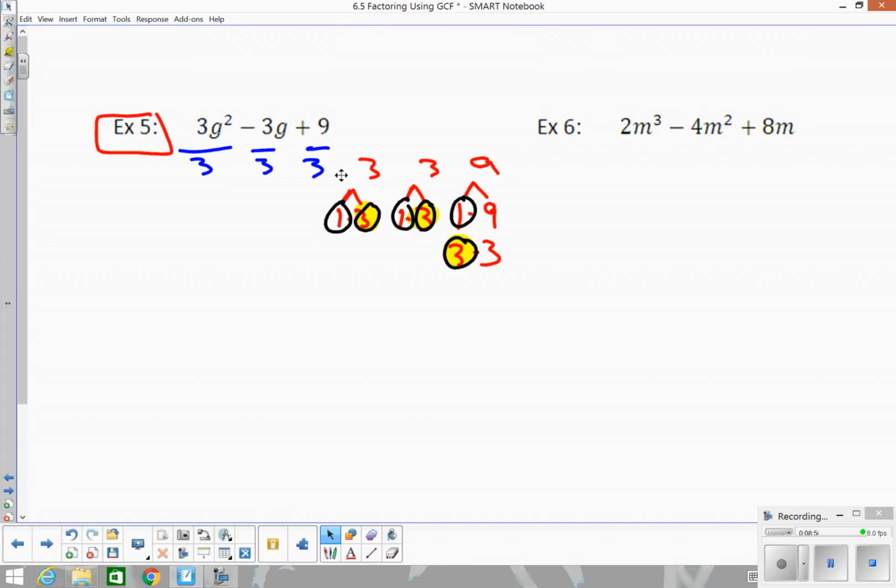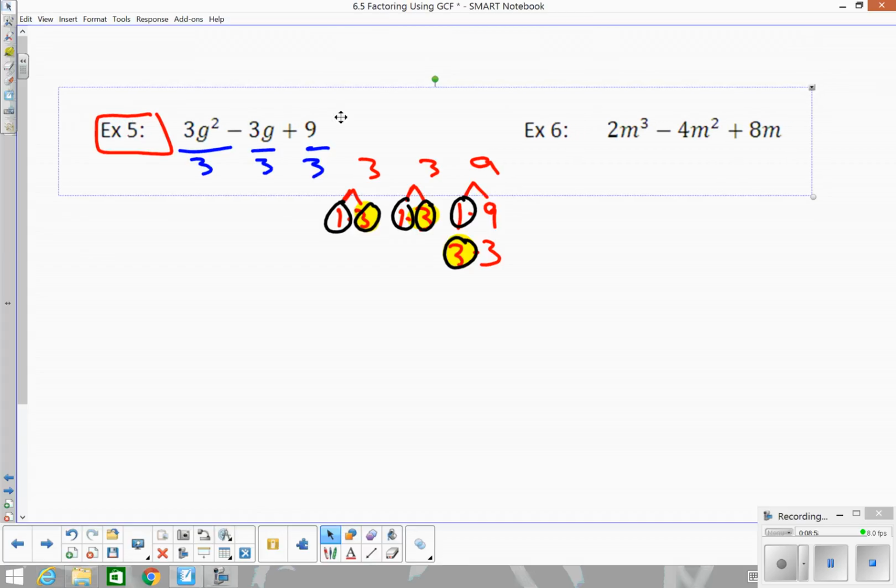Okay, so now I'm going to look at my variable, g squared, g, and I don't have a g. So if all 3 terms don't have a g, I cannot take out a g. Okay, so just like I said in the prior slide, all terms have to have the variable.